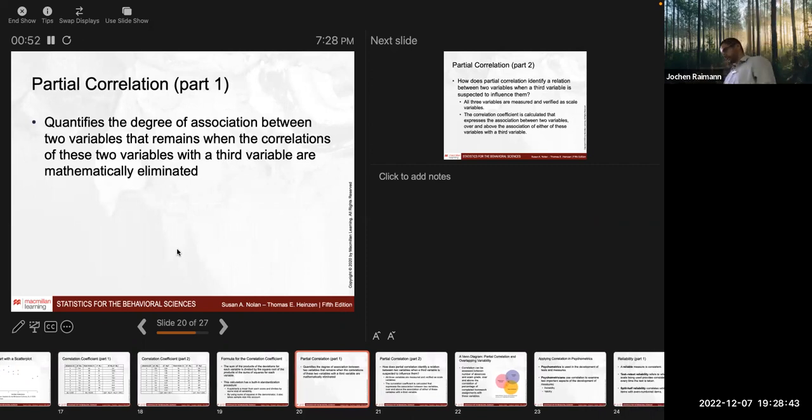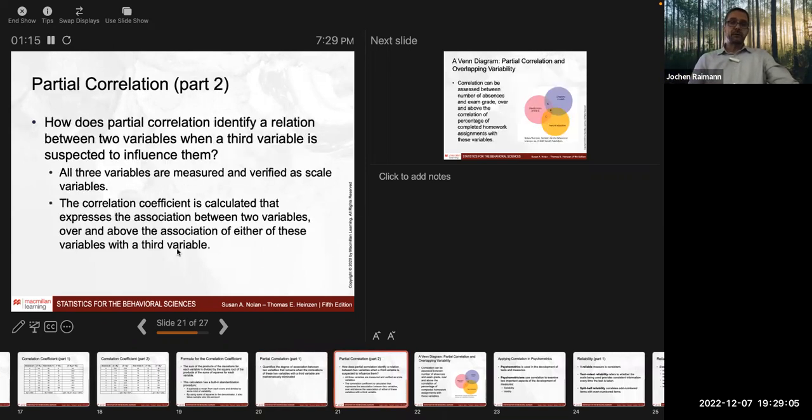Then you also have to consider partial correlation, because there are different correlations at work. There could be an association between 2 variables that is in part determined by a third variable. And then you can attribute the weight of each of these correlations to the overall correlation.